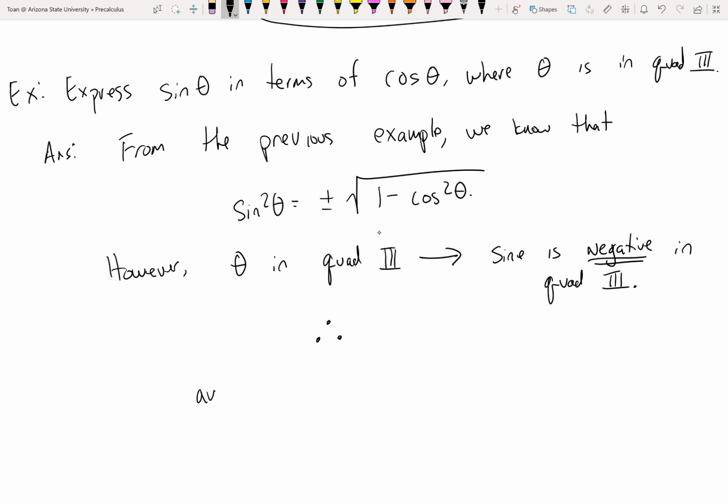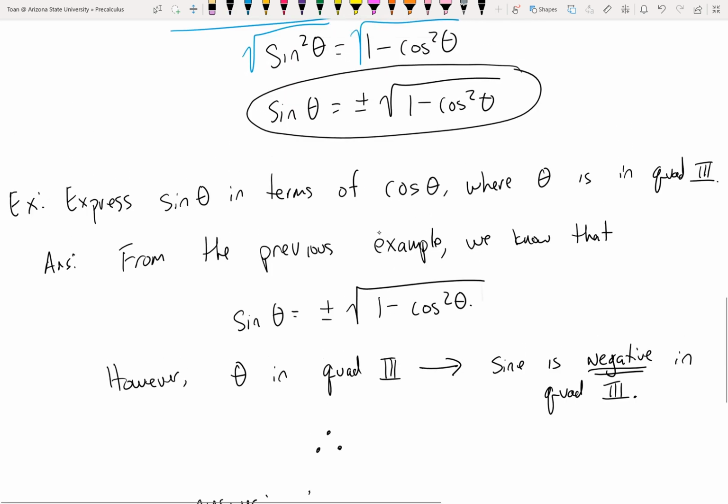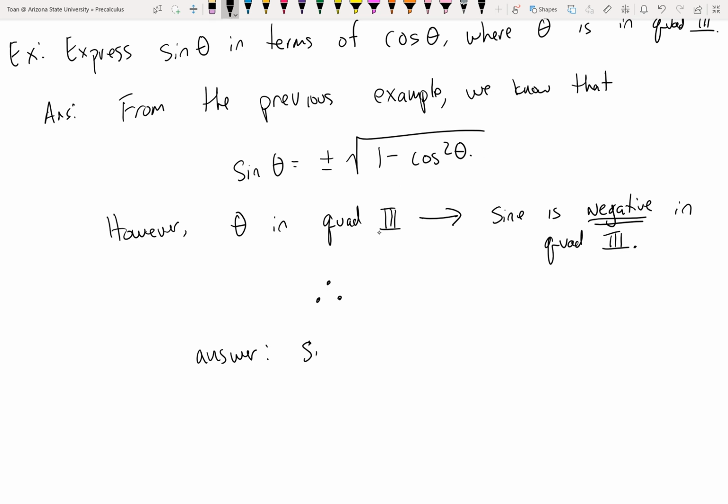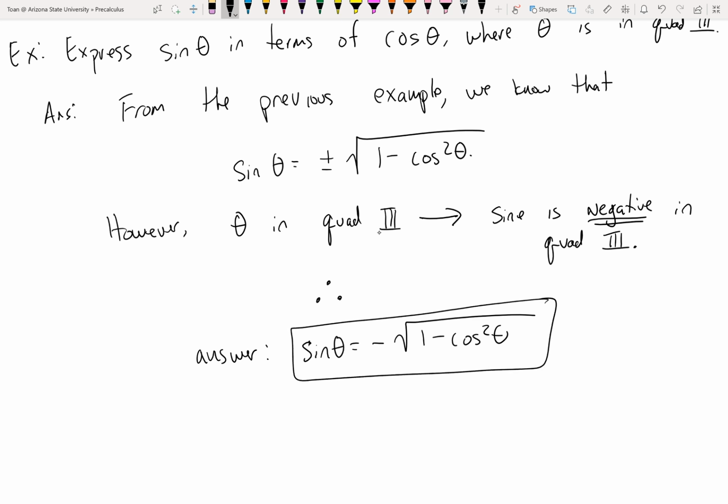Therefore, our answer is just the negative answer. So sine of theta is the negative square root of 1 minus cosine squared. Okay. So that's the only extra tidbit that you have to consider if they give you information like what quadrant you're in. You just have to figure out if it's positive or negative.